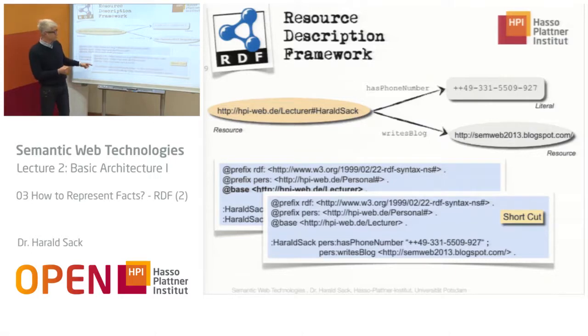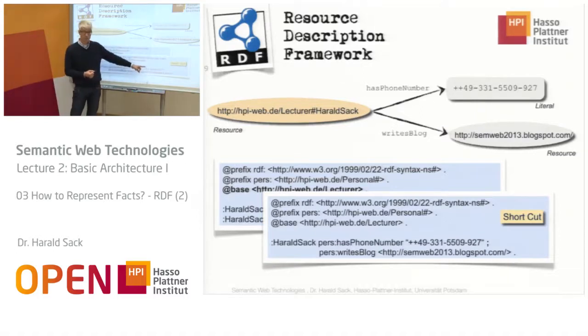And later on, these two triples can be represented in the following way. I'm talking about me, Harald Sack. And here you see that this is also only a fragment URI that will be extended with a base identifier. This here is the URI from the personal namespace, and this will be extended with this URI. So you can here simply write that I have the telephone number you see here in quotation marks as a string.